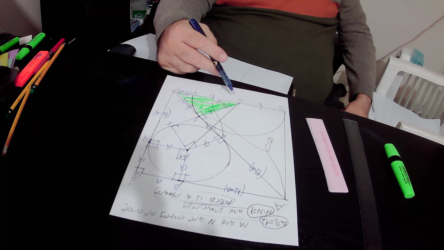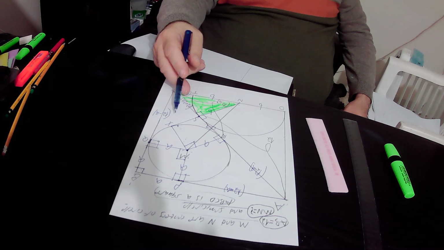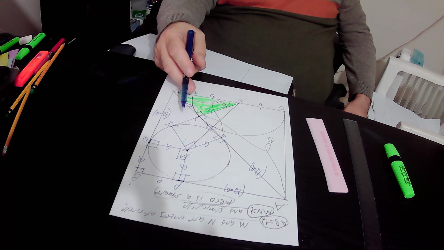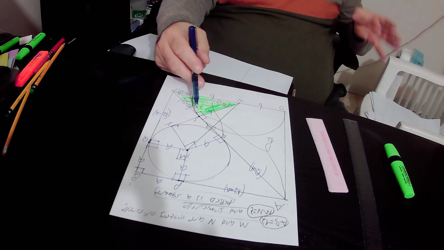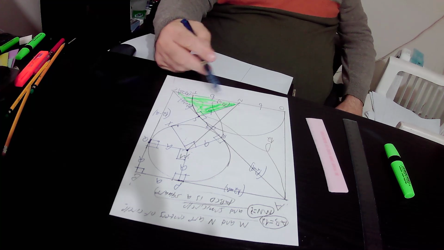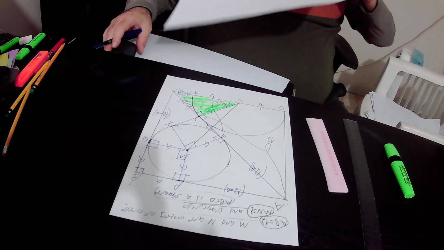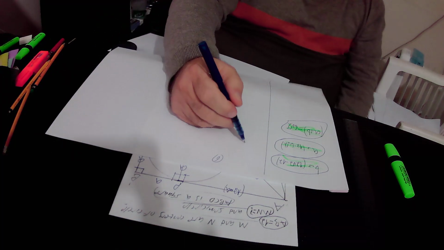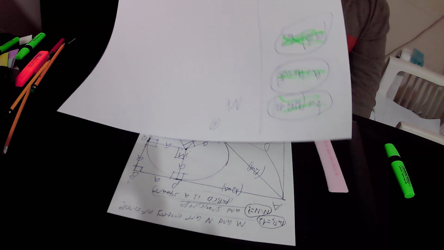So line segment NX must also be a straight line, because when you extend a straight line by a straight line, the result will also be a straight line. We can write down that line segment NX is a straight line.